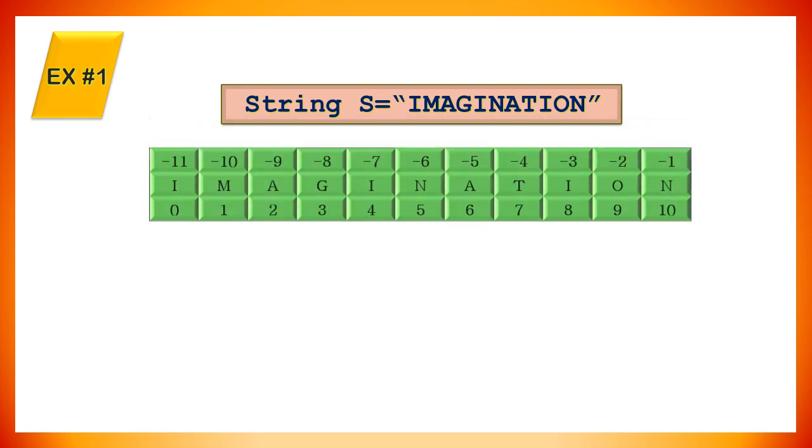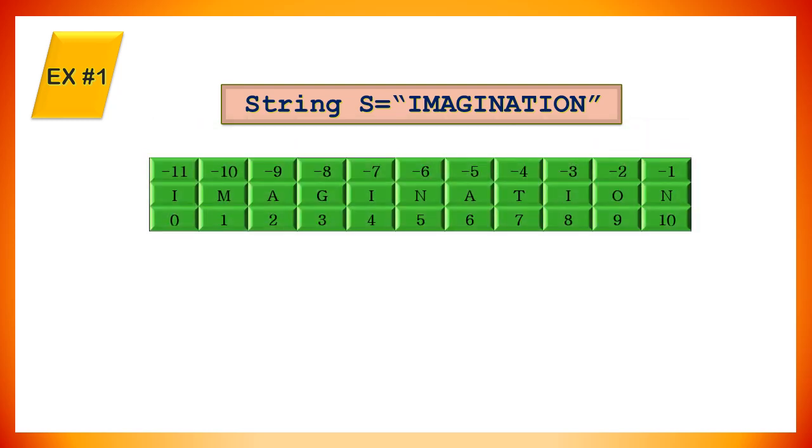Now we will look into several examples of slicing to understand it properly. We will take the same string S which is storing the word imagination. Let's see example 1, which tries to extract S index 0.